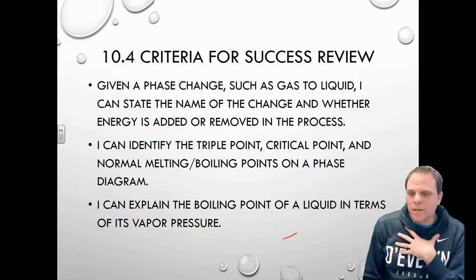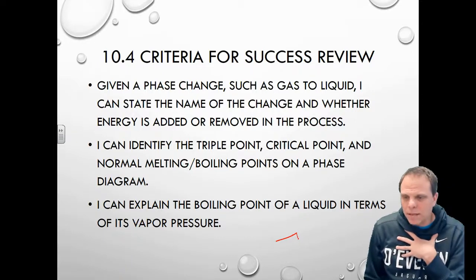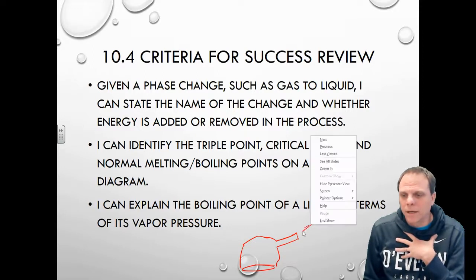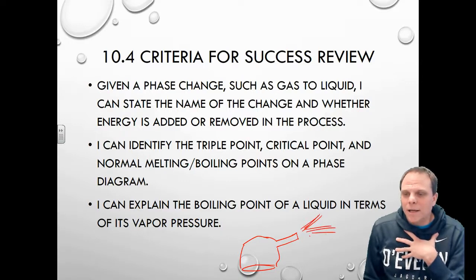One of the things that I always like to point out, you may imagine a tea kettle. This is not going to be a very good tea kettle. It kind of looks like an elephant. But with that tea kettle, you notice that little puff of stuff that comes out, it's all cloudy. Well, that is already back to the liquid state, right? That's actually a liquid at that point.